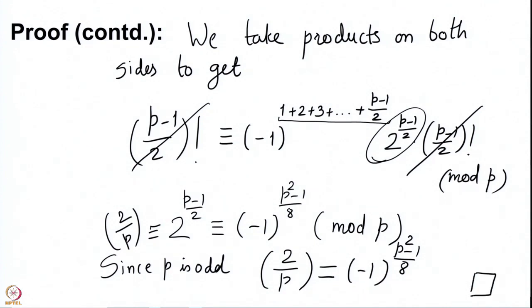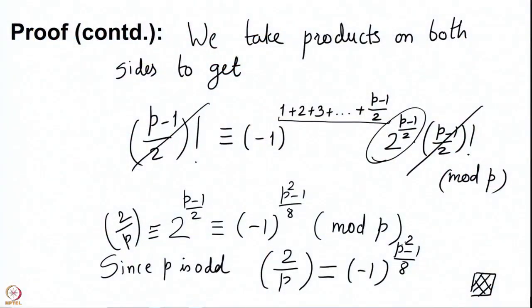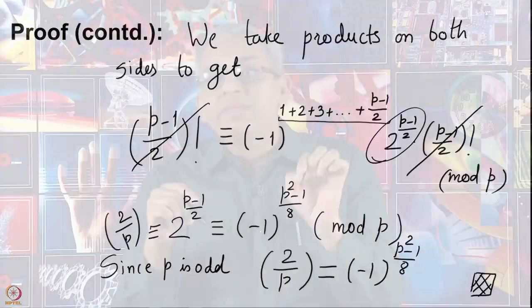So, this allows us to compute the Legendre symbol for the integer 2 with respect to any odd prime, and now this is going to be 1 exactly when (p squared minus 1)/8 is an even integer, and therefore this is true only when p is plus or minus 1 modulo 8, and this is the way we get our final formula.